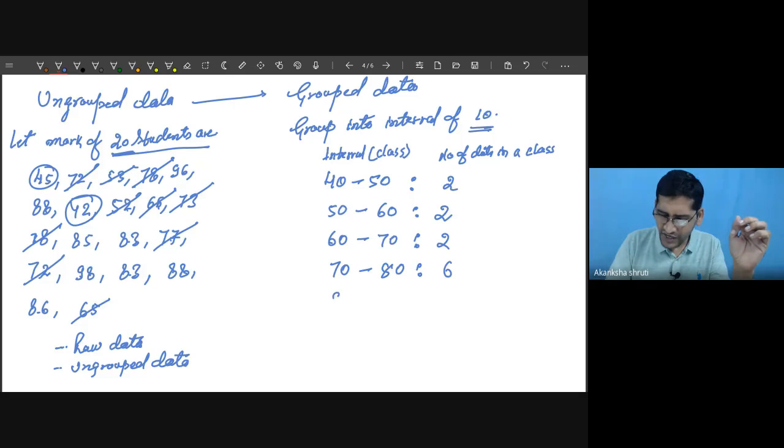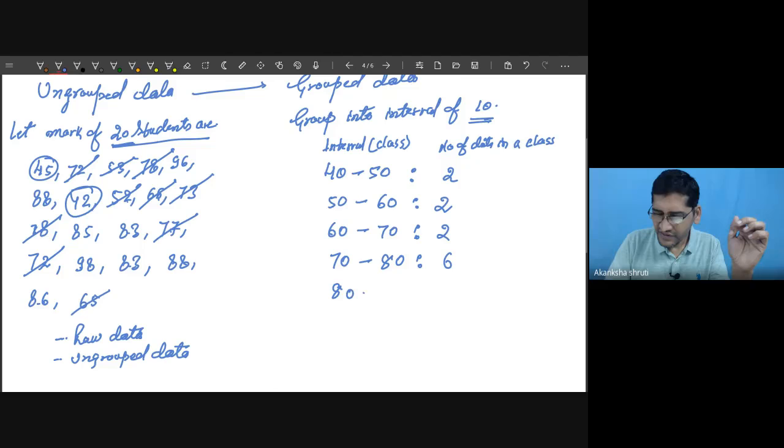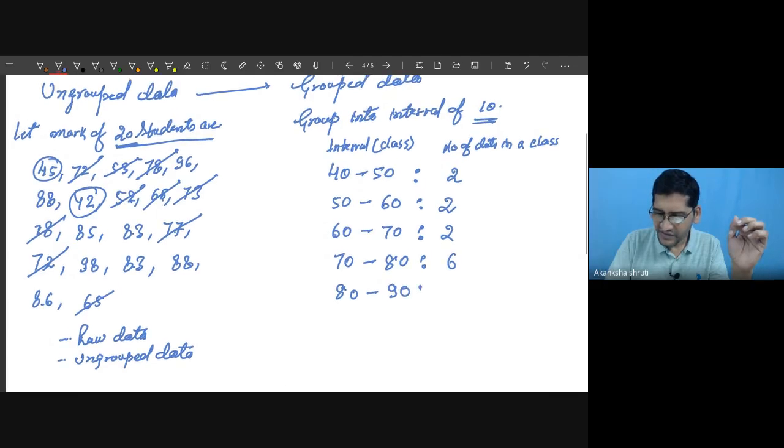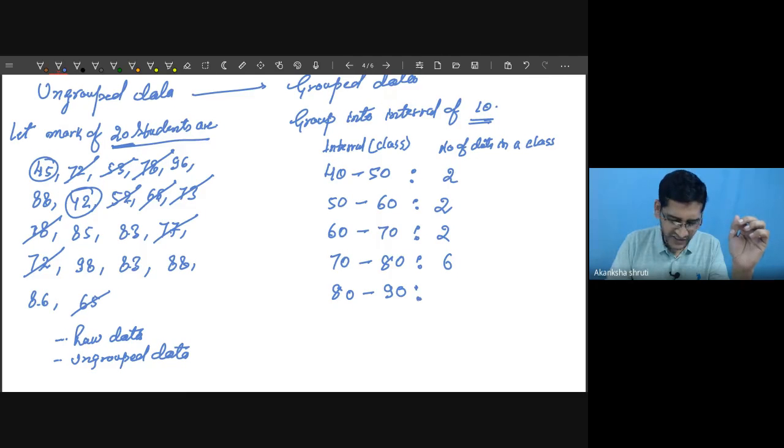Go for 80 to 90. We have 85 first, 83 second, 83 third, 88 fourth, and 86 fifth. So 5 students.